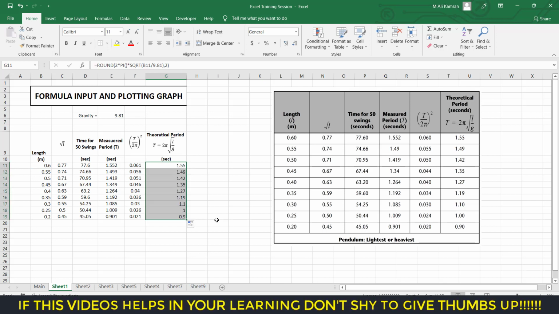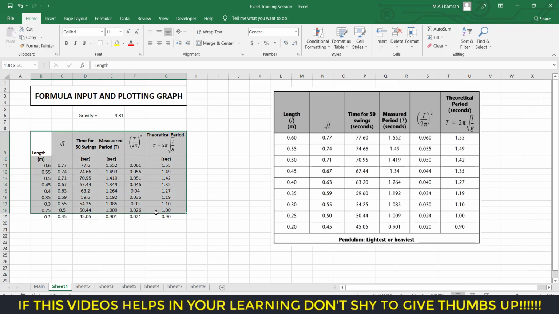So we have all those values, and as we can see, after the decimal place it is only 1 digit. We want to display 2 digits after the decimal place. So let's increase the decimal number, right? This is how from here we can increase the decimal number. And let's center align them. So now we have all that data, right?